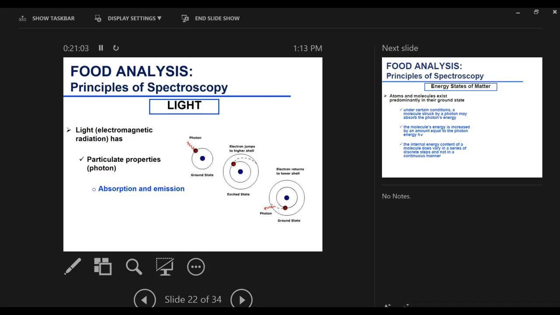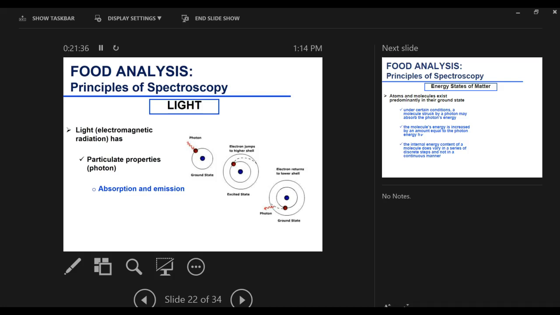One is just dissipation of the energy as heat, and then goes back to its ground state, or a combination of dissipation of the energy by heat and emission of another photon of light. So that would be the emission. Emitting the energy as photon of light, but because part of the energy has been dissipated as heat, does the photon of light emitted have the same wavelength as the photon of light absorbed?